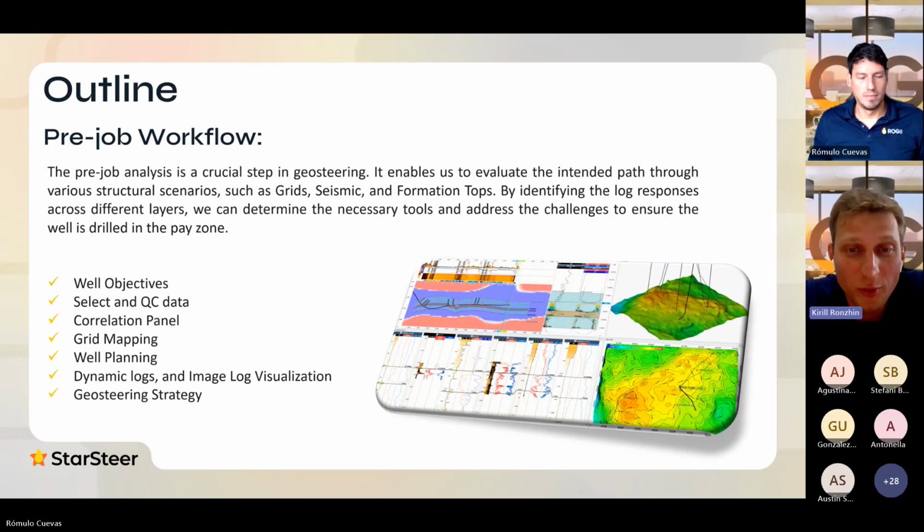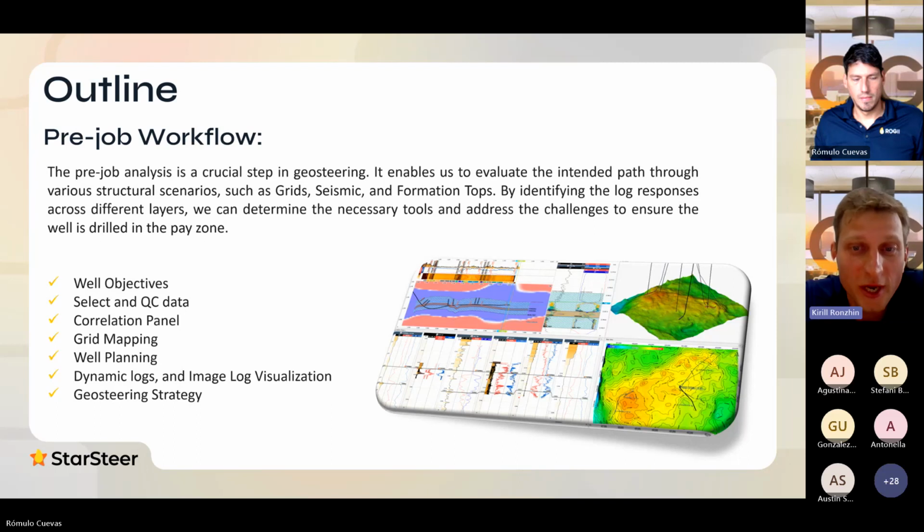We need to prepare a proper well plan, which will honor and align with our geology and our well objectives. Then we create different geosteering scenarios, and we do the so-called forward modeling.